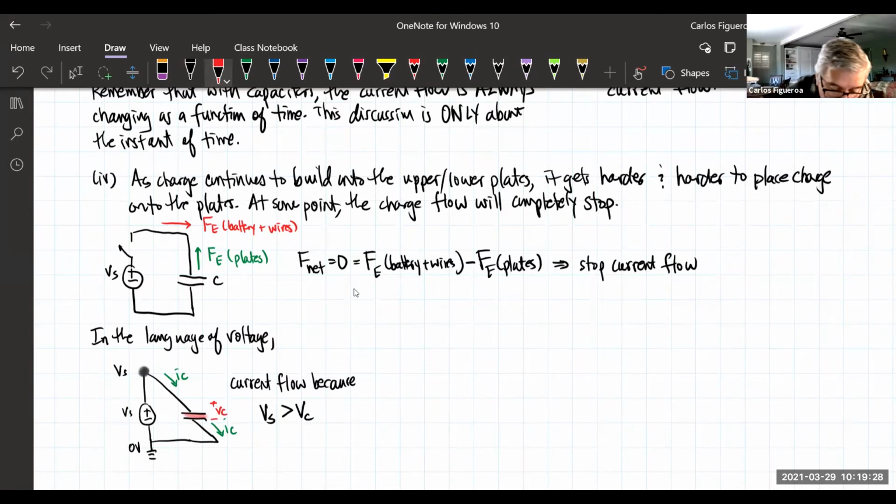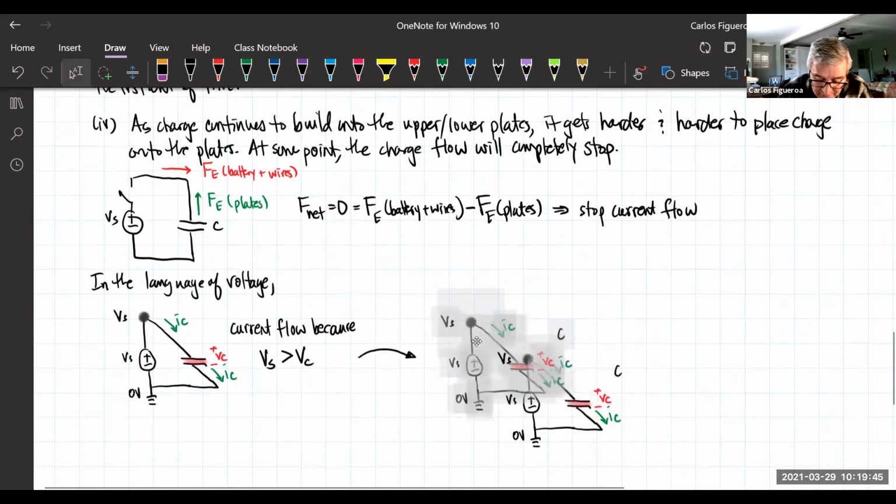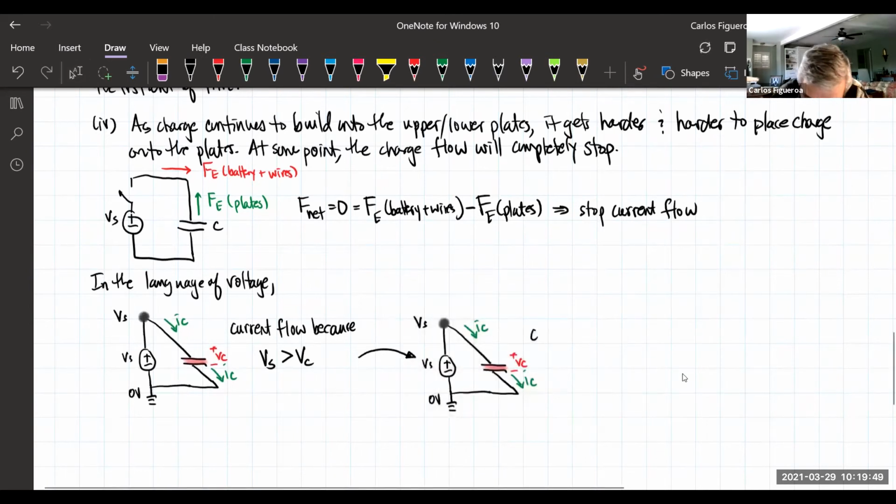But as I get more current flow, what actually happens here? I'm going to copy this picture here. What happens is this starts to happen: the capacitor starts to move to a higher potential.